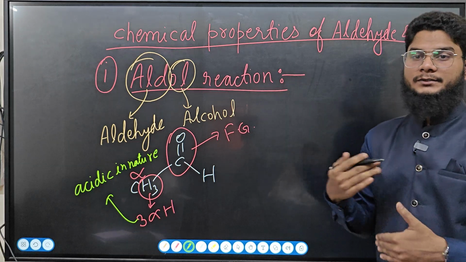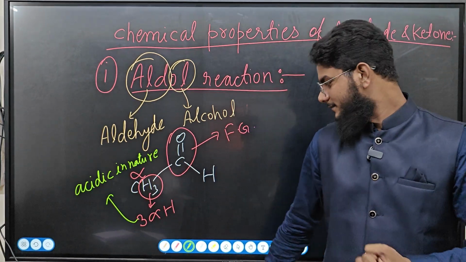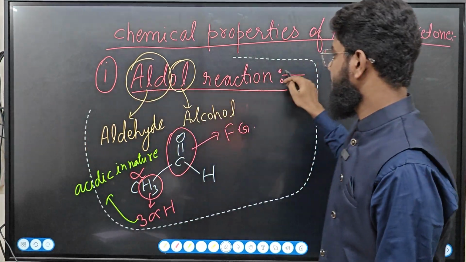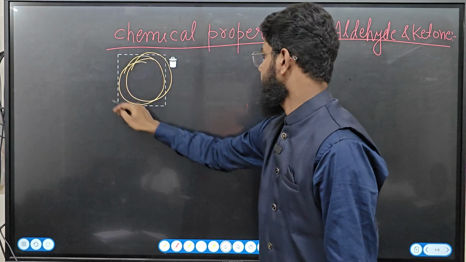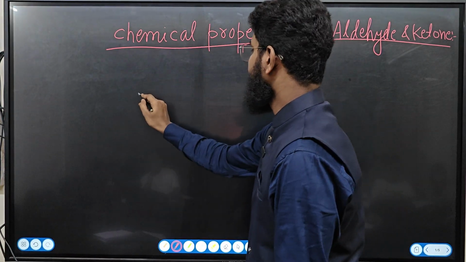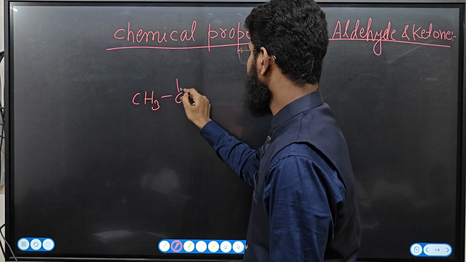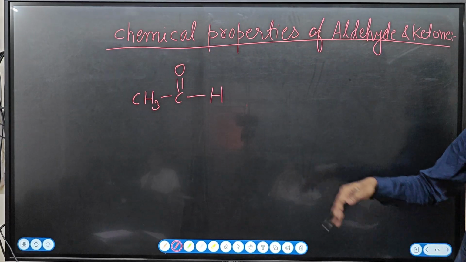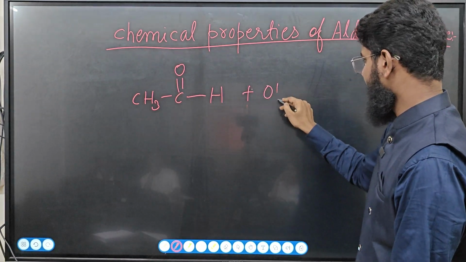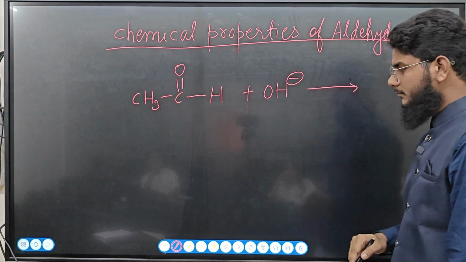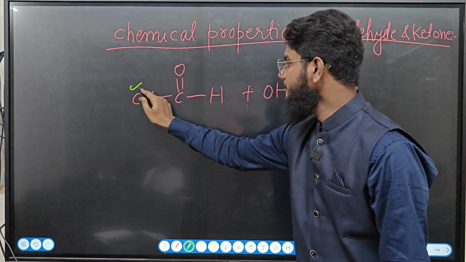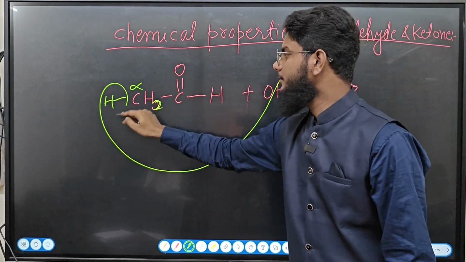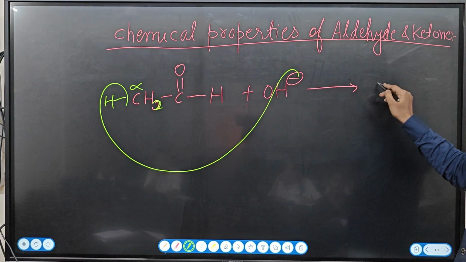Now why are these alpha hydrogens acidic in nature? Suppose an example, just consider acetaldehyde, and we have one base, any base. This base will abstract the alpha hydrogen, and what will you get?